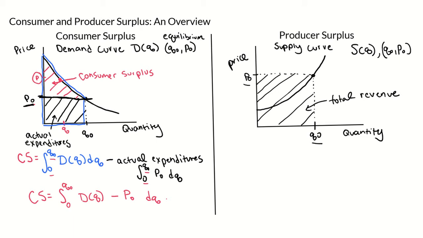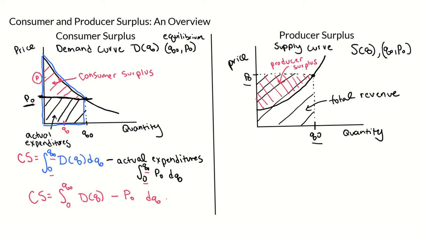And then there's this little region above the graph still within the rectangle. This is the producer surplus. And what the producer surplus means is the amount of money that producers gained or have in surplus because they were able to sell something at a higher price than they needed to.